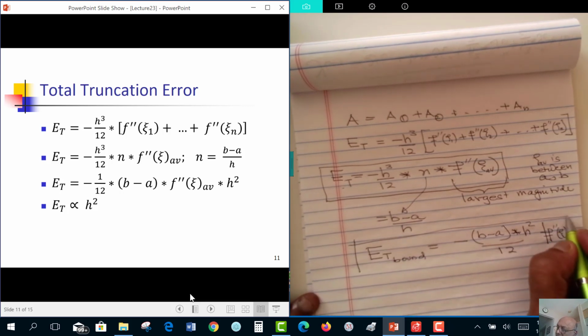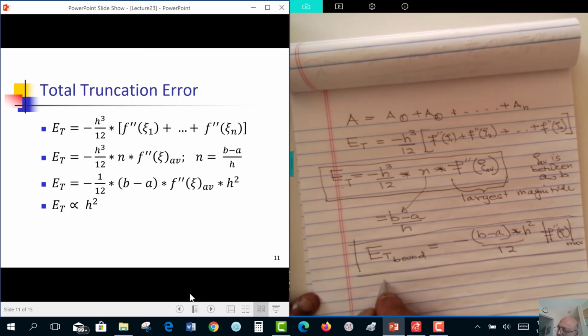But the key idea here is that the truncation error is proportional to h square.